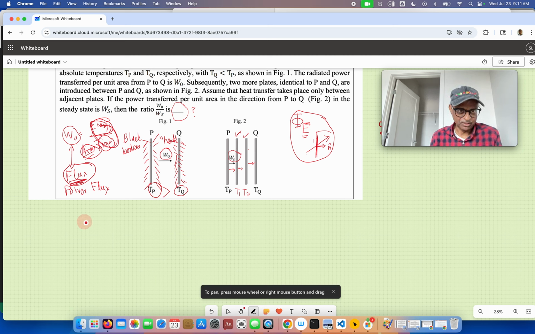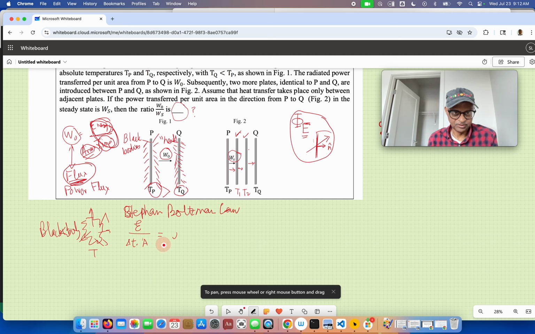If you look at a black body of any kind, any shape, a plate or anything, a black body at temperature T gives off a power flux, energy in time delta T times area, given by the Stefan-Boltzmann law.